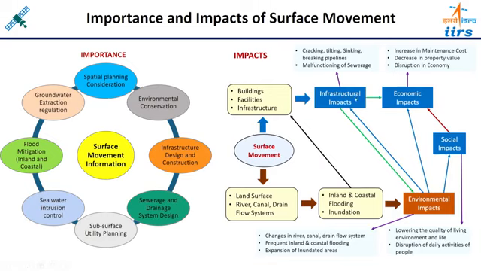If the property is damaged or impacted, the property value will also decrease. Then you can say there is disruption in the economy. So these are the impacts from the economic angle. So land surface movement has infrastructural impact and economic impact. And if the economy is impacted, it means society is also getting impacted. So the social impacts are also there.